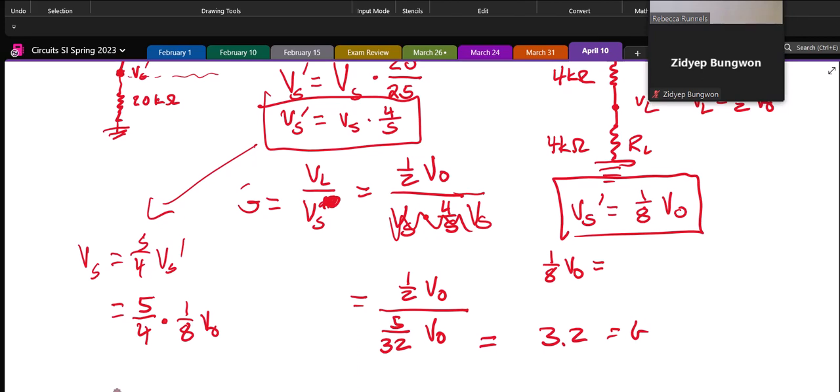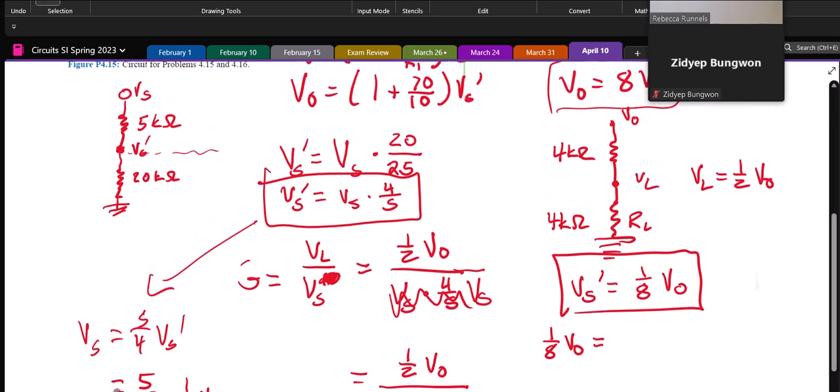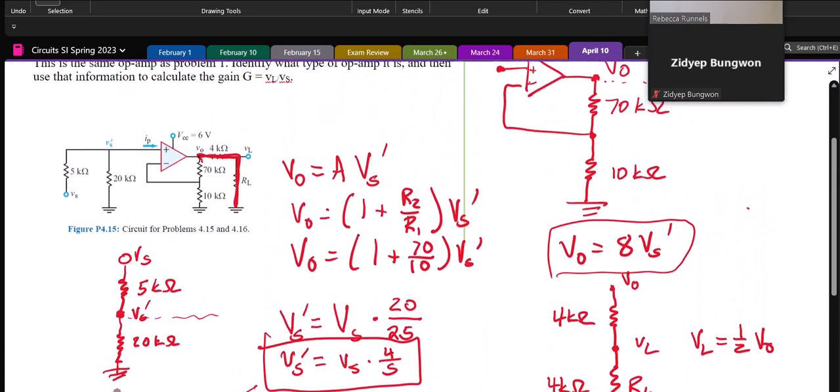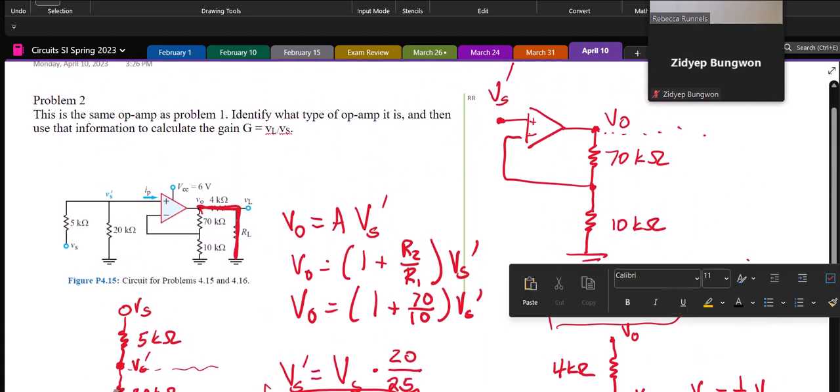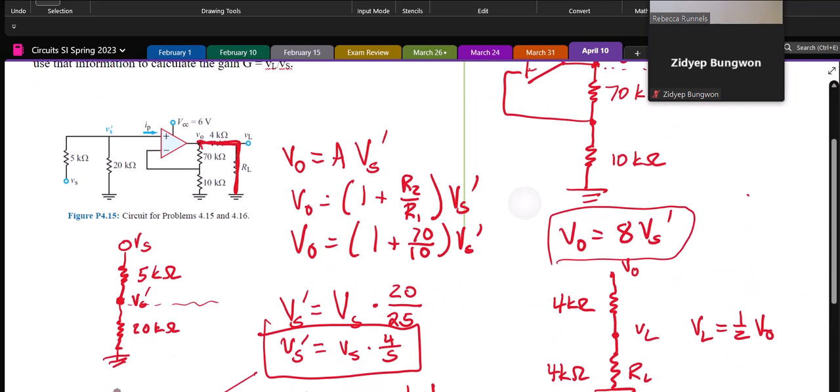Okay, so any questions? Where did you get the VS prime equals 1/8 times V0? I got it from knowing that this was the non-inverting amplifier.